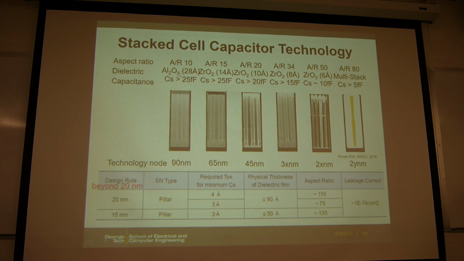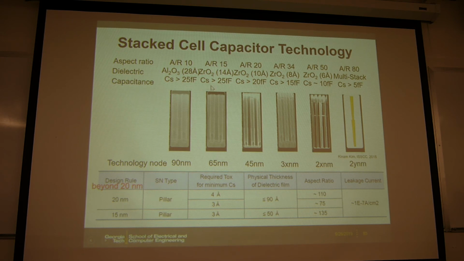And the dielectric, they switch from aluminum oxide to zirconium oxide, and this EOT is, I think, 6 angstrom for 20 nanometer. And as Anthony has mentioned, it says multi-stack, and they don't disclose what that is. And the capacitance actually is really shrinking these days.